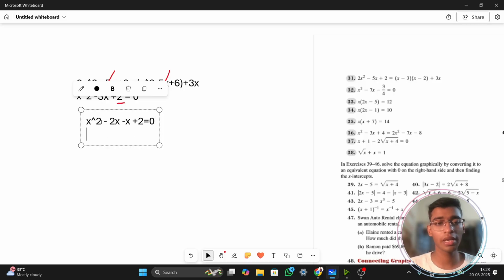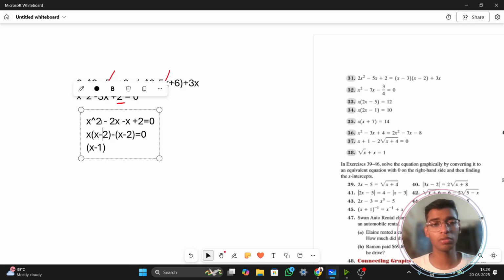Now coming to the next line, what I can take common from the first bracket is x. Inside I'll be left with x minus 2. Minus sign again common from the second bracket, I get the same thing again, equivalent to 0. Now what we have taken common is x minus 1.